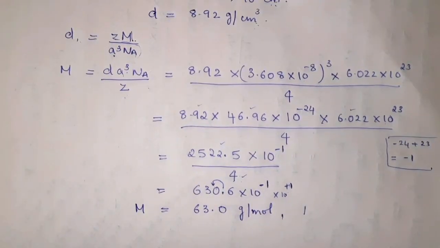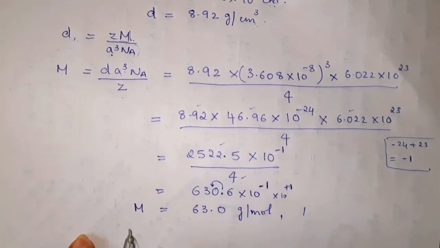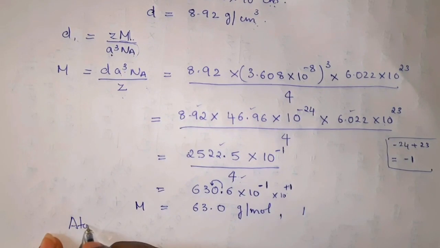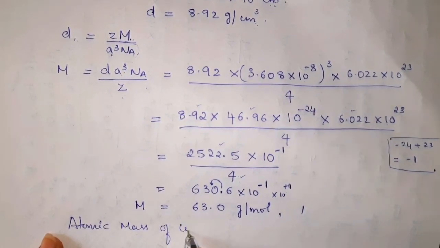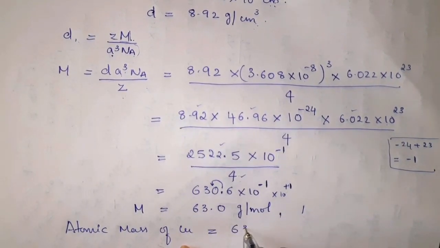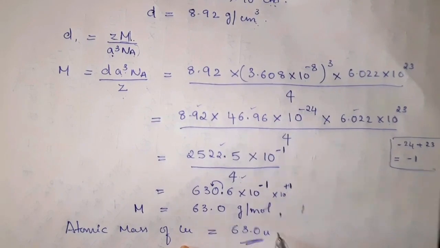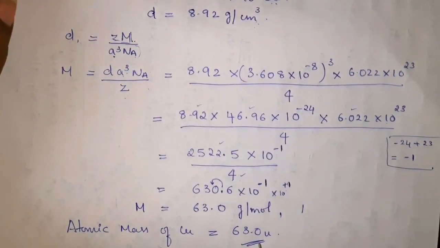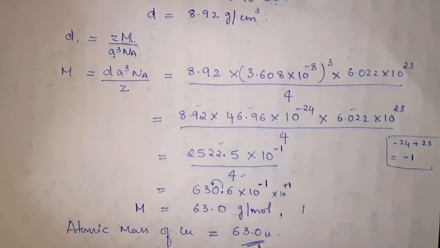So if you want to write it as atomic mass, just write the atomic mass of copper. Okay, atomic mass of copper, that will be equal to, it is the same number, that is 63.0 U, that is unified mass.